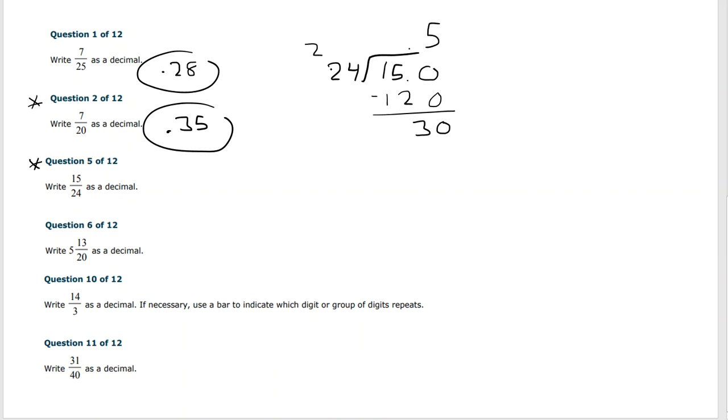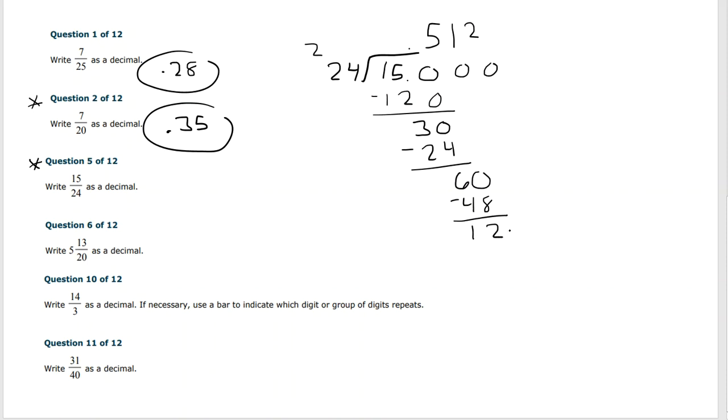Okay, and then 24 fits into 30 1 time. 1 times 24 is 24, and then we subtract. 30 minus 24 is 6, so we're going to add another 0, bring a 0 down. 24 fits into 60 twice. 2 times 24 is 48. We subtract. 60 minus 48 is 12.